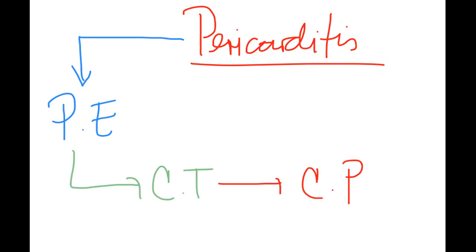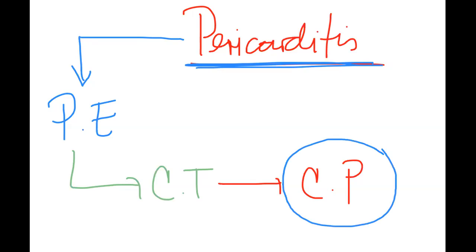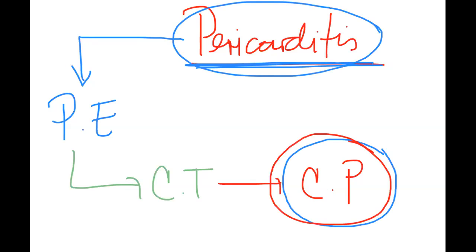So a patient with a problem related with pericarditis is able to reach constrictive pericarditis. So we need to be careful with this kind of patient. We need to make any intervention in the patient with pericarditis to avoid any complication related with the constrictive pericarditis. In the constrictive pericarditis, we need a surgery that we call pericardiectomy.